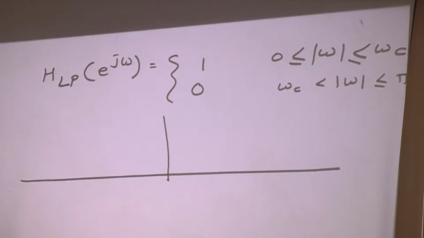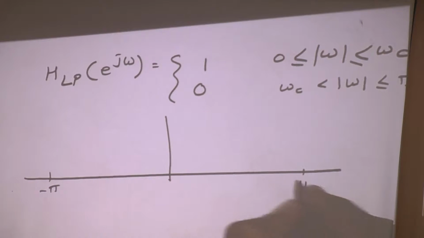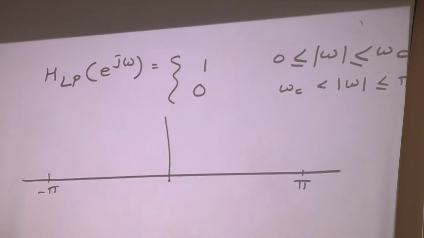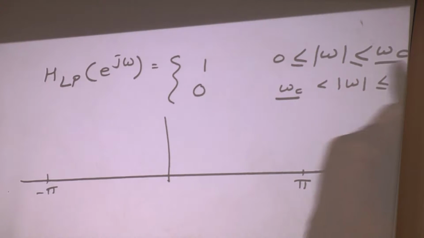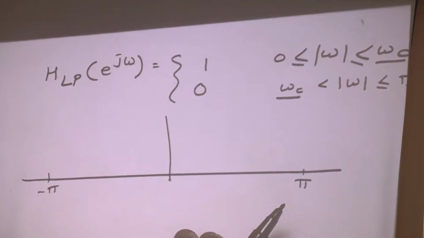When I want you to plot this, it is very simple. We know that it is the Fourier transform of some discrete sequence h of n. It means it exists only from minus pi to plus pi. There is a variable called omega c, which is known as the discrete time cutoff frequency, small omega c.